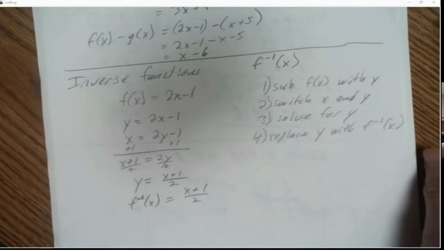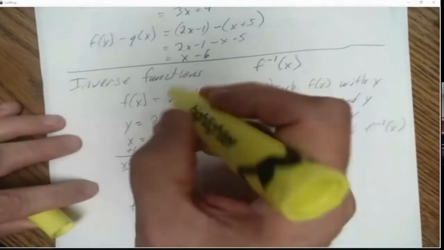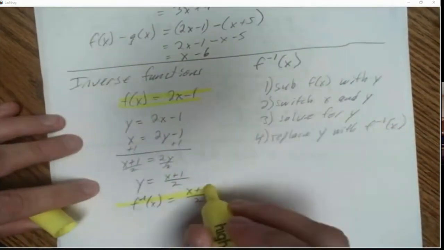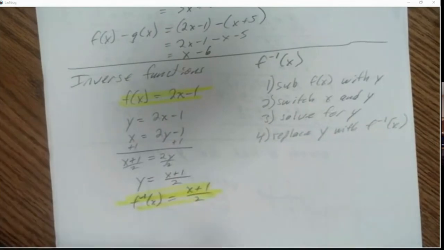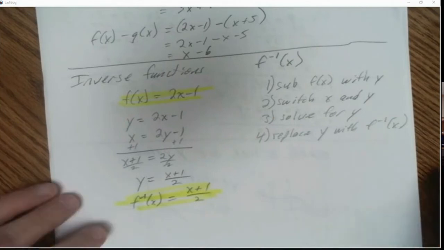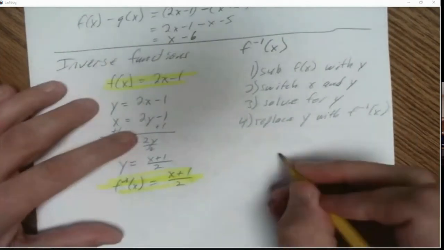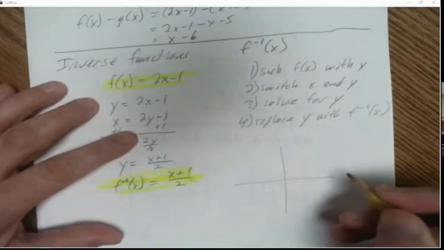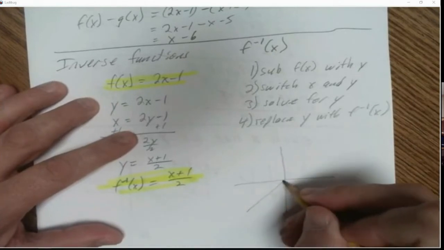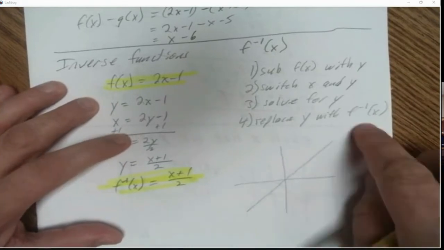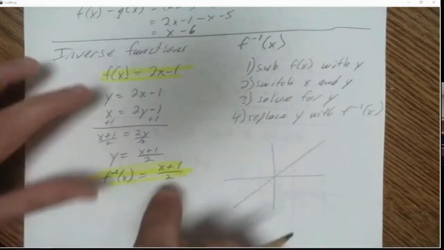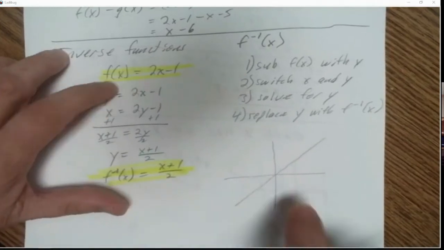In this case, this is our function and this is our inverse function. If we graph those, it's going to be a reflection over the line y equals x, that diagonal line. These two will be a reflection over that line when you graph it.